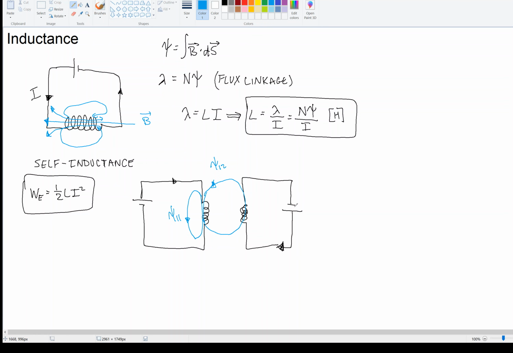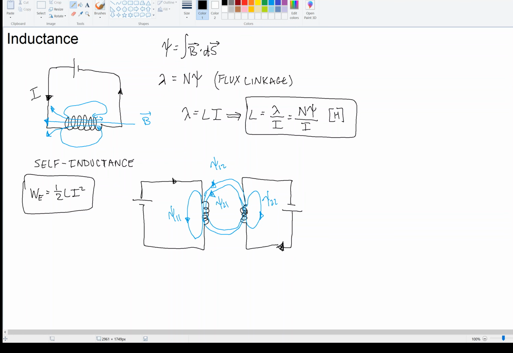And because I've flipped the battery, the voltage source, it's going to go in the same direction like this. We'll call that psi 2, 1. And then this guy is going to go like this. We'll call that psi 2, 2. That flux due to circuit 2 does not pass through circuit 1. And so you see there's a magnetic interaction that's existing between these two circuits.